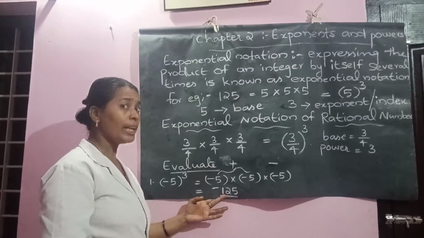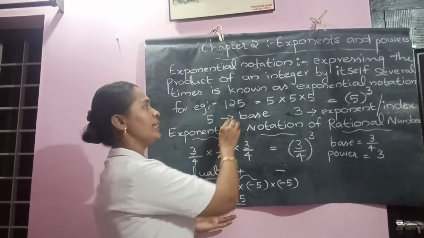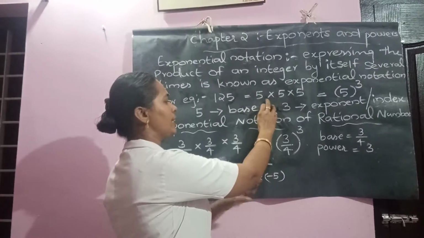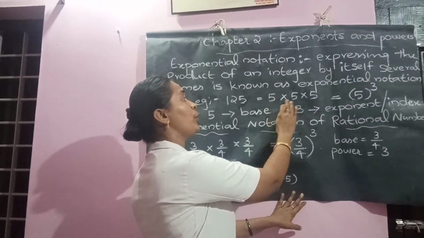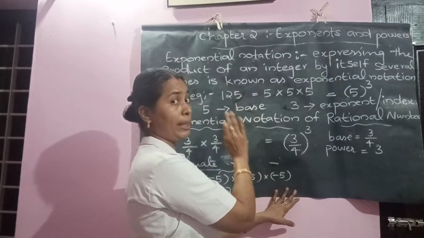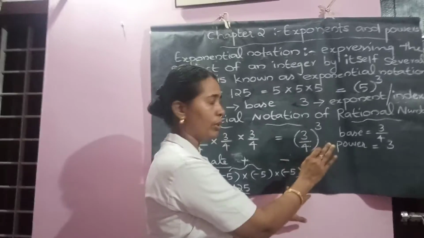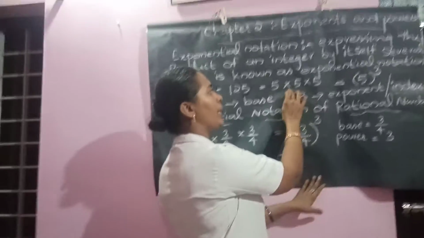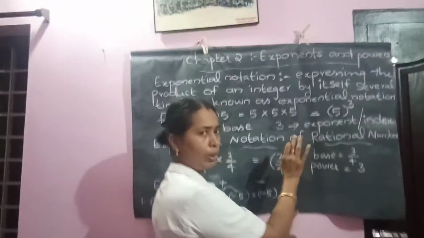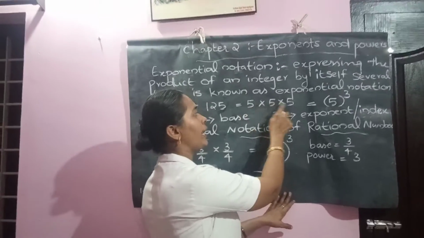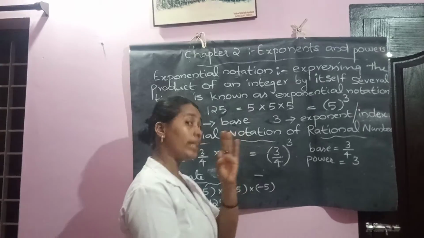125 is an integer, and we can write this integer as the product of 5 into 5 into 5 multiplied by itself. So here the number used for multiplication is 5. Keep it inside a small bracket. How many times have you used it? 3 times.